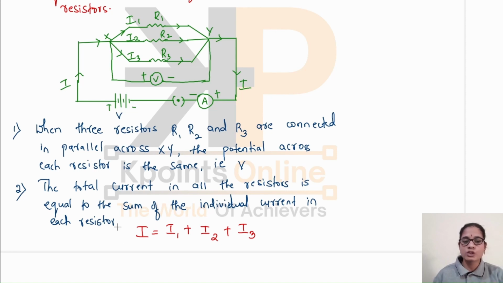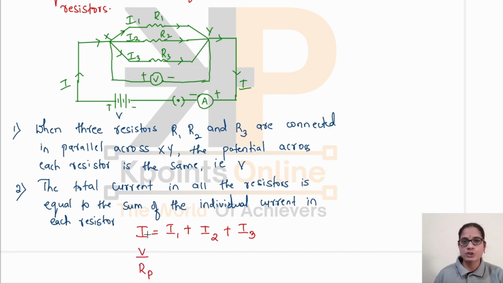And applying Ohm's law to this equation, I is the total current flowing through this circuit. If we replace these three resistors by a single resistor of equivalent resistance Rp, then applying Ohm's law to that circuit, we get I is equal to V upon Rp.